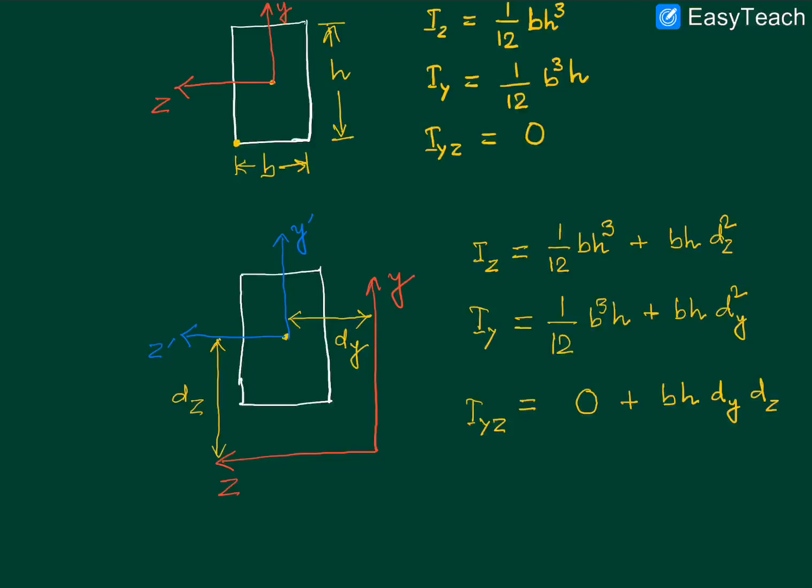So overall, this is what we have to do when referring to this kind of a setup. So let us take a look at where this kind of an application would be useful.